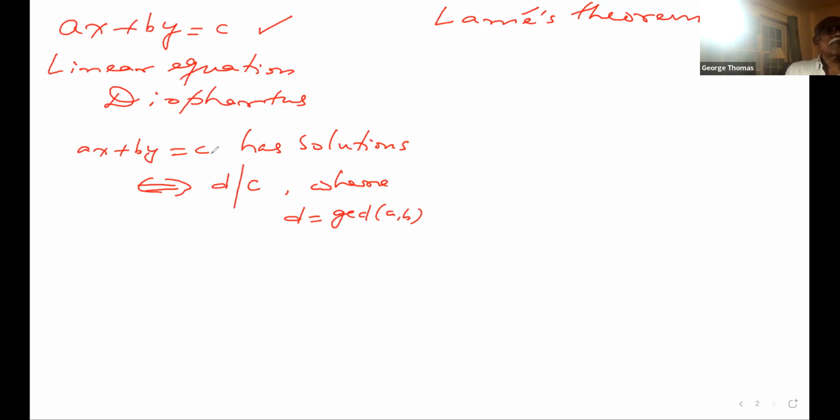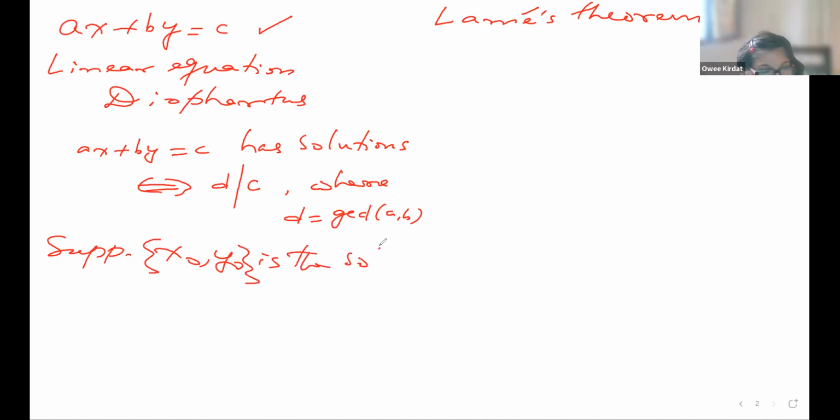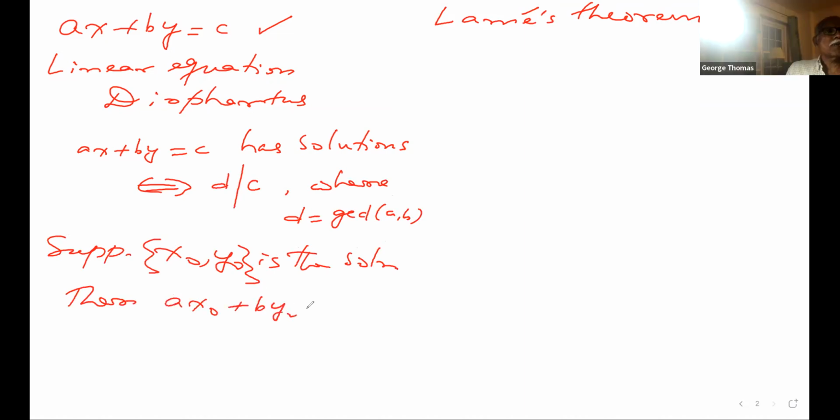And the beauty is, if it has a solution, suppose x naught, y naught is a solution, then there are infinite solutions for that equation. That means a x naught plus b y naught equals c. But then look what happens. Suppose you add t b over d and subtract t a over d.